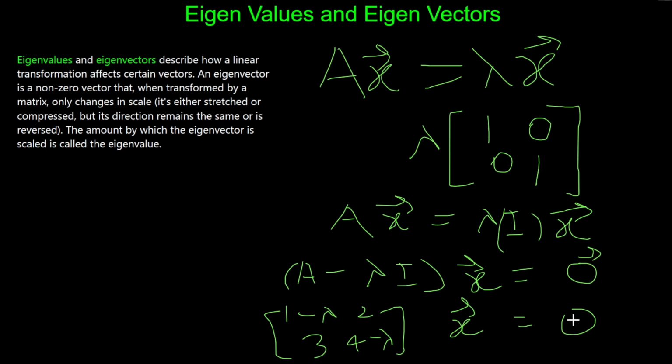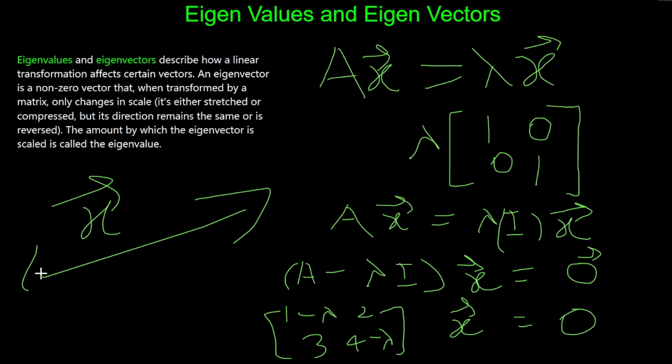When we do this transformation, the result must be 0. What does it mean? If we do the linear transformation, the determinant of this transformation matrix must be 0. Why? Because in this case, we assume that after the transformation, the vector x gets squished to a single line. This is possible only when the determinant of this transformation matrix is 0.